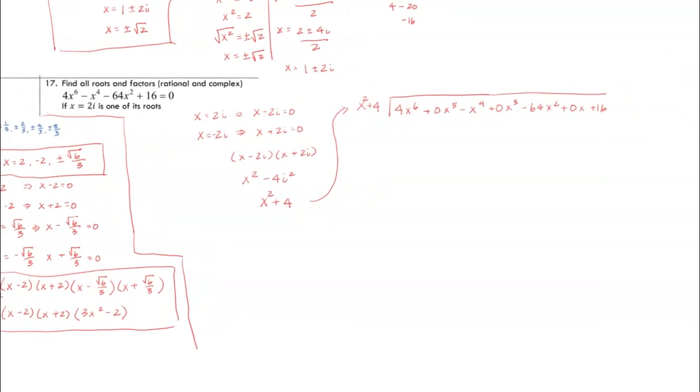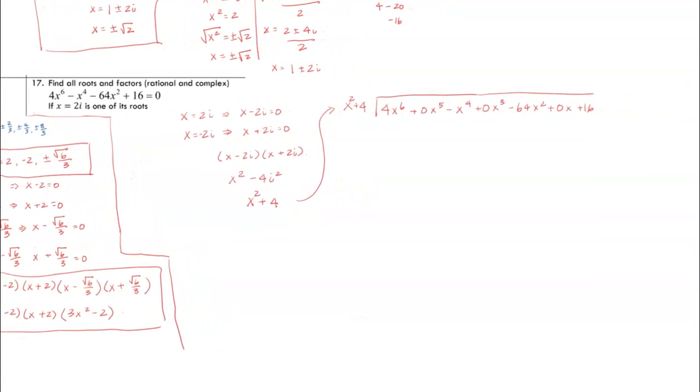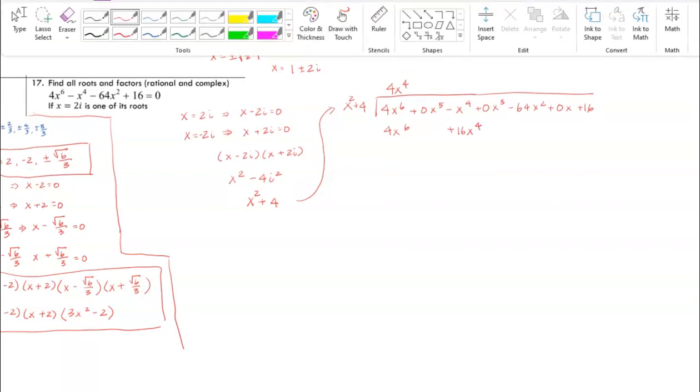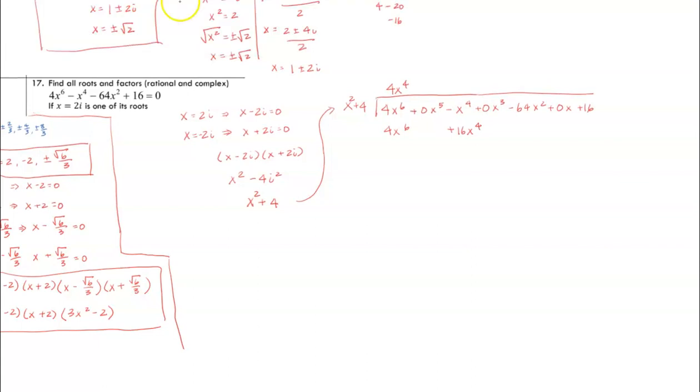And then once I do that, this is going to be fun times, right? 4x to the 6th, plus 16x to the 4th. Distribute the negative.